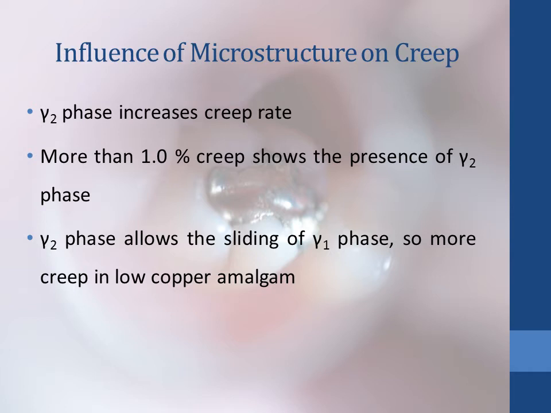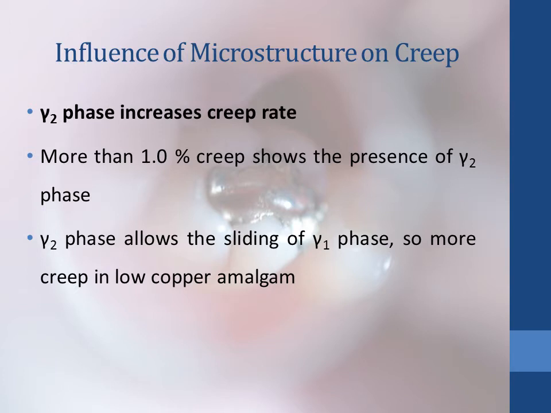So first of all, as we discussed, the gamma 2 phase was the weakest phase and most prone to creep and corrosion. The gamma 2 increases the creep rate. More than 1% creep shows the presence of gamma 2 phase, and gamma 2 phase basically allows the sliding of gamma 1 phase, so more creep is present in the low copper amalgam.